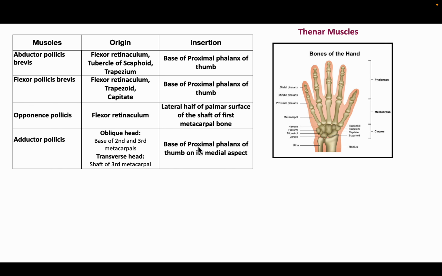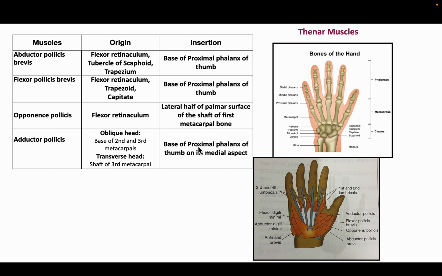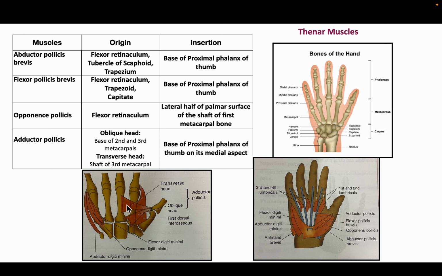The oblique head gets origin from the base of the second and third metacarpal, and the transverse head gets origin from the shaft of the third metacarpal. These two fibers, transverse and oblique, fuse with each other and are inserted at the base of the proximal phalanx of the thumb.